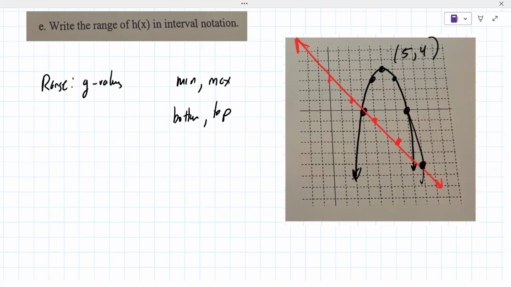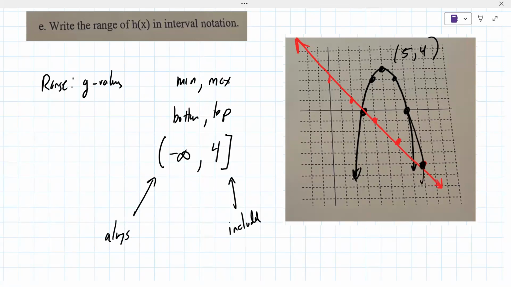Do you remember? Negative infinity. And then the top, it's the y values, you don't care about the x. The top is the y value of 4. And since it's included, you use a bracket. Infinities always go with parentheses. And there's more to that, but that's as far as we can go for the moment.